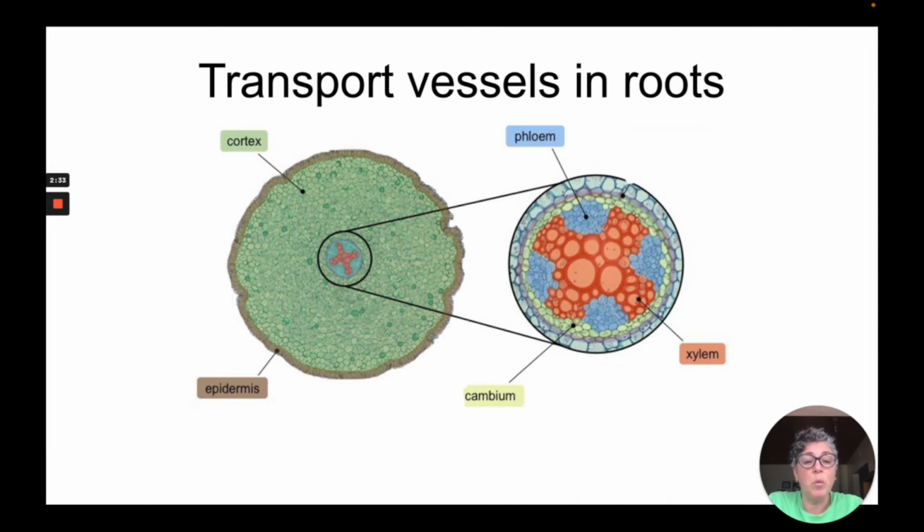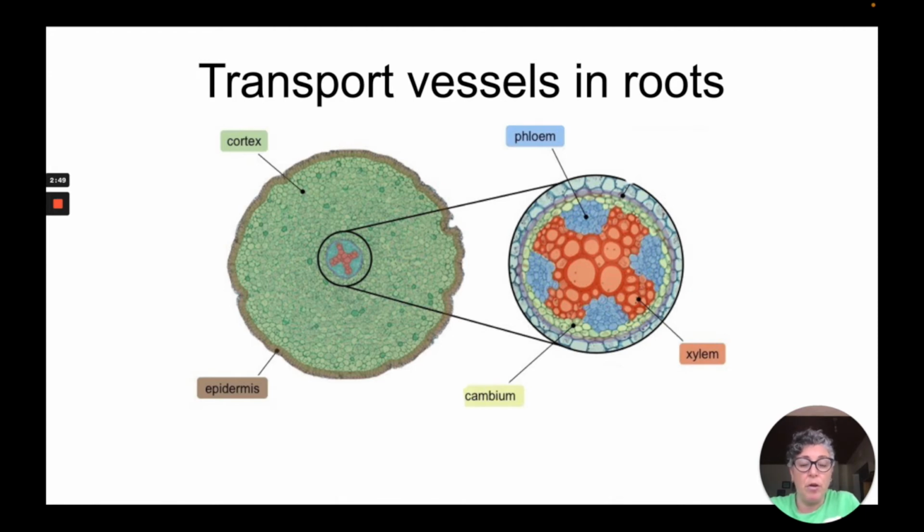So the xylem will be towards the center, and the phloem will be towards the outside of the center portion of the root, similar to the stem arrangement of the vascular bundles.